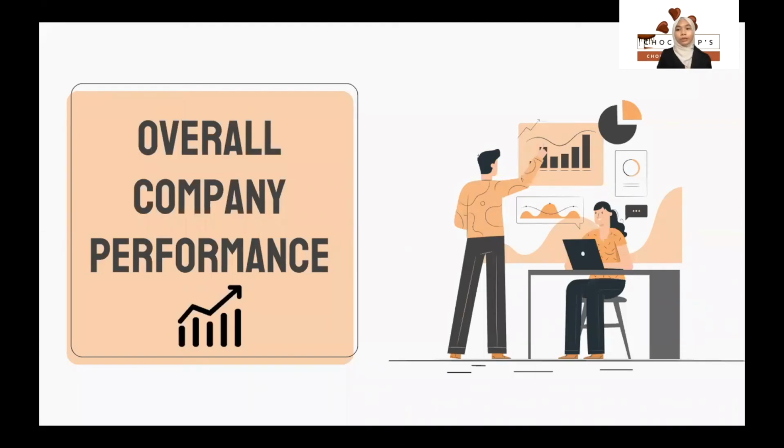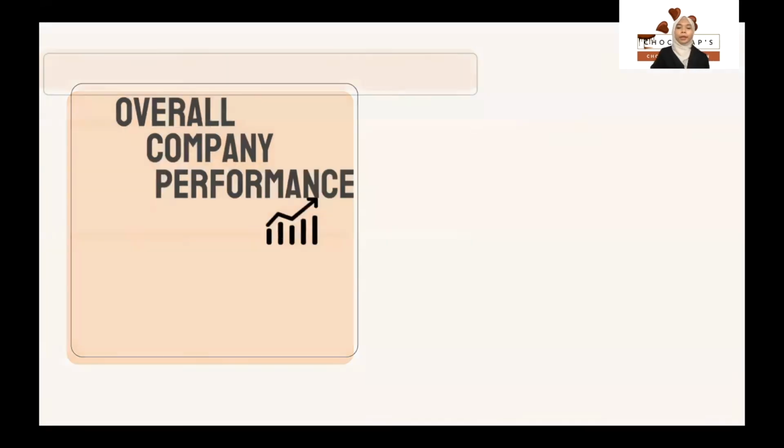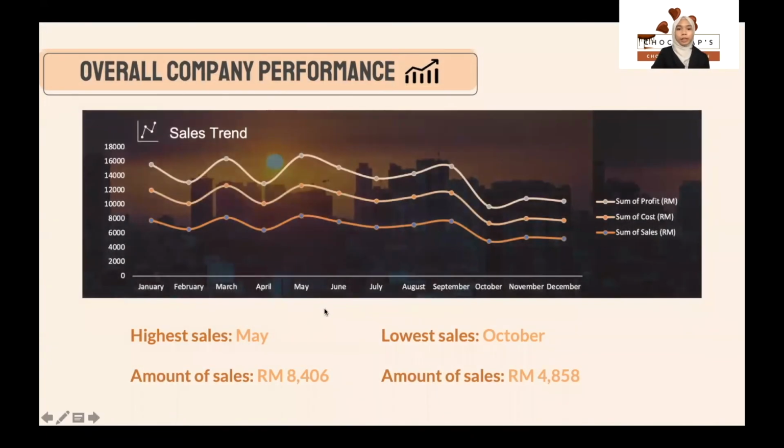Now we are going to look at the overall company performance. In this slide, I'm going to explain the summary of our company performance. First thing first is sales trend. We have sales trend in a line graph. The highest sale is in May, which amounts to RM8,406. This is our peak month where many customers buy from us.